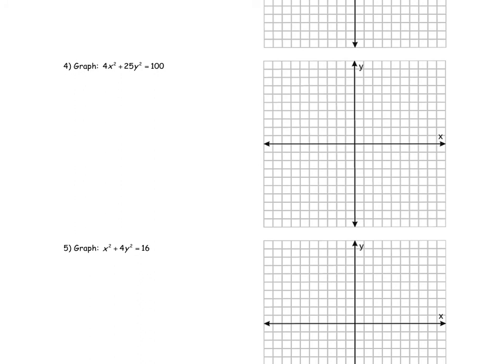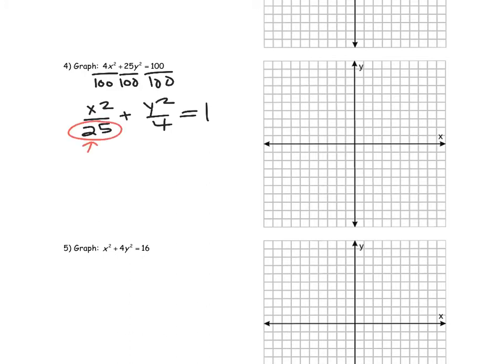Now you should notice that this is not equal to 1. So in order for us to get this equal to 1, we're going to divide everything by 100. So I'll have x squared over 25 plus y squared over 4 is equal to 1. From this, I'm immediately able to tell that this is my a squared value and this is my b squared value.